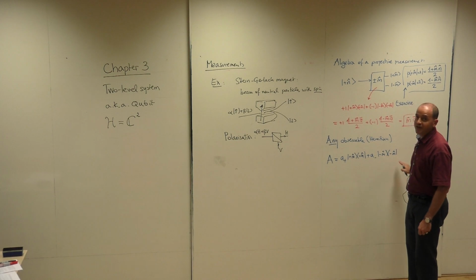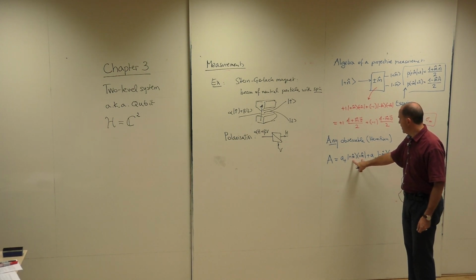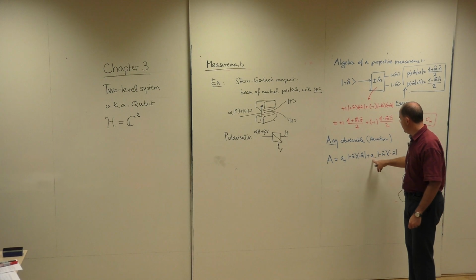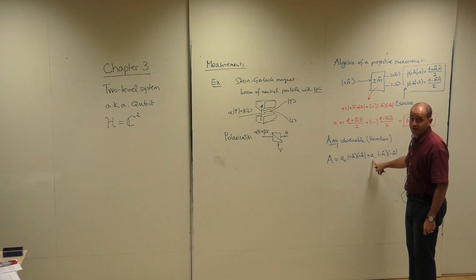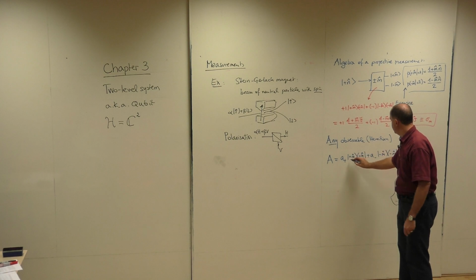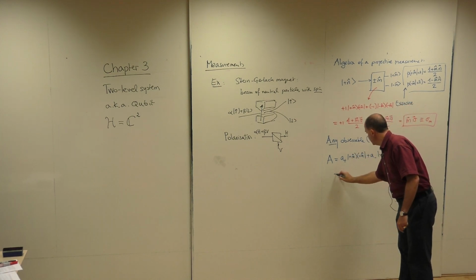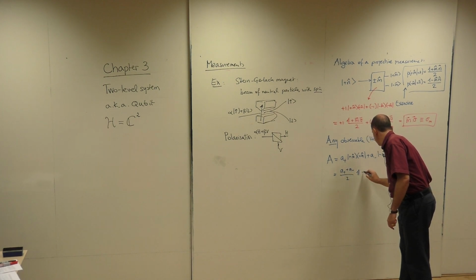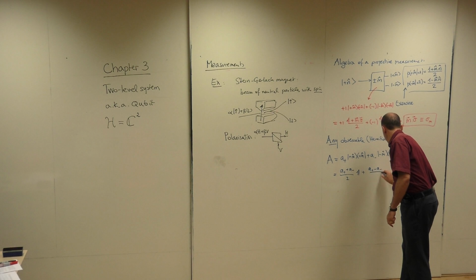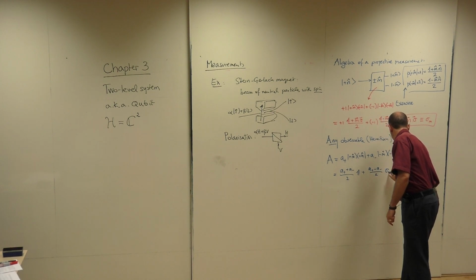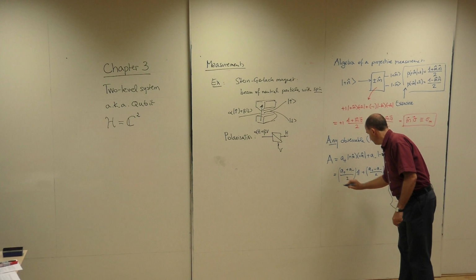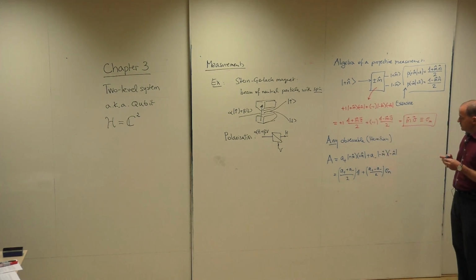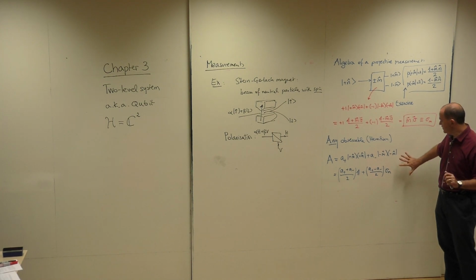We agree that this is the most general possible observable, right? I can choose my basis, and I can choose my eigenvalues. Now you can rearrange these things again with the same trick. This projector is this, that projector is that, and you would get something of this type: A plus plus A minus over 2 times the identity, plus A plus minus A minus over 2 times sigma m. In other words, any observable on one qubit, on a two-level system, can be written as such.